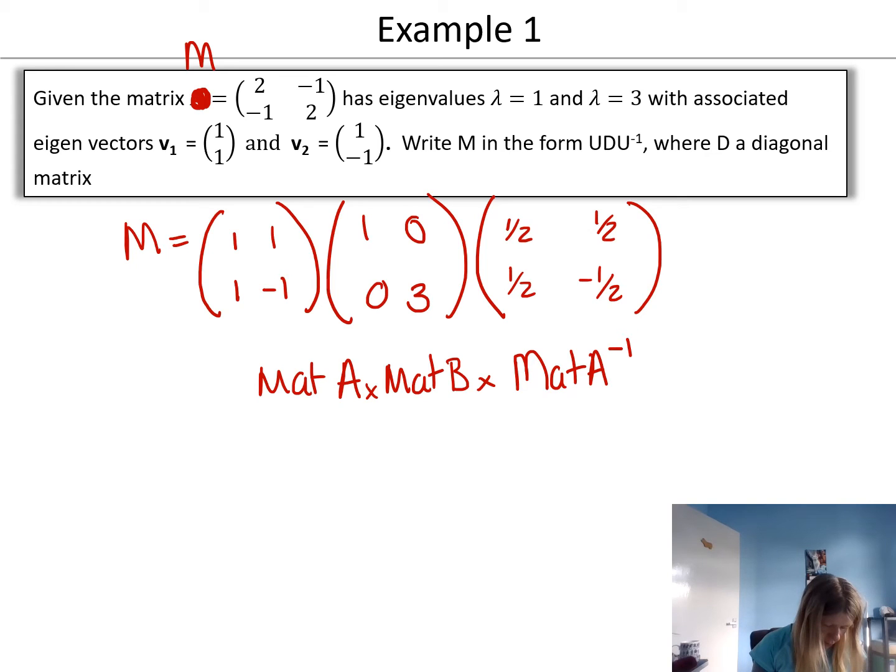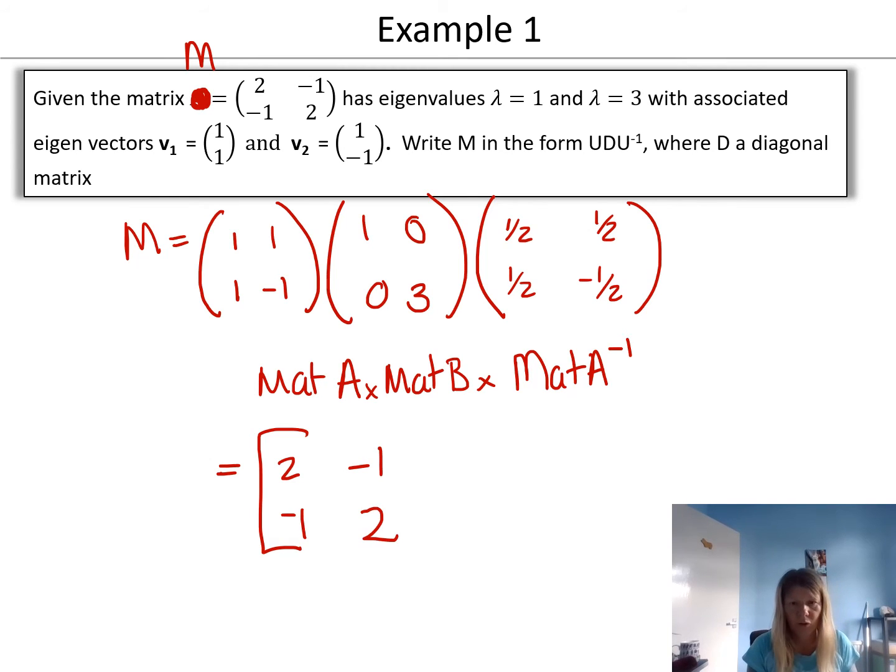Put this one in as your letter to the power minus 1. And out comes the answer, which is 2, minus 1, minus 1, 2. Let's hope you got that too.